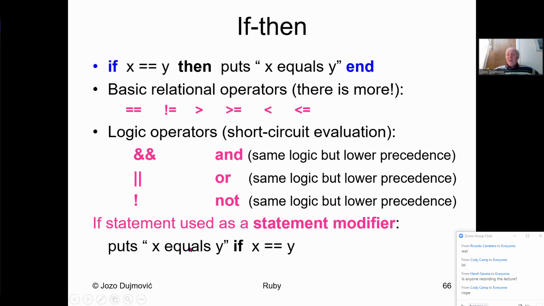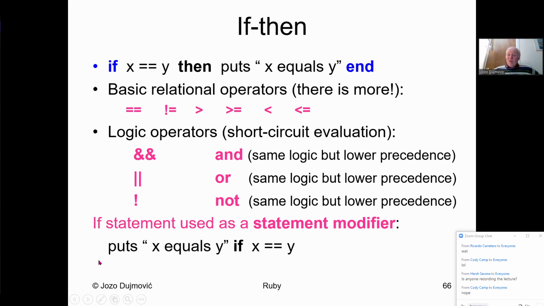So when you say perform this if this condition is satisfied, it is an if statement using if as a modifier. So if x equals y can be true or false. And if this returns true, then you are going to execute this statement. If this is false, you are just going to drop down without executing this statement. So this is called a modifier. A modifier is a modifier of a statement.